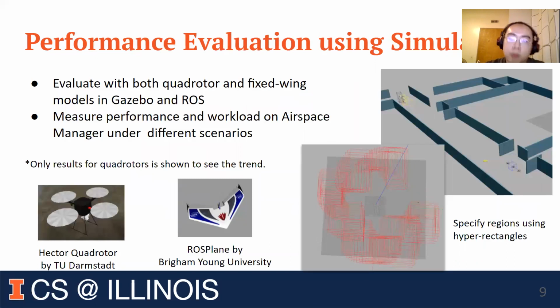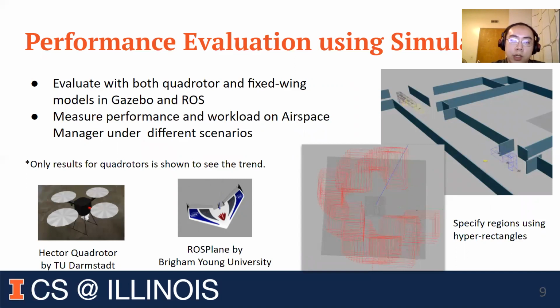To evaluate the performance of the UTM protocol we designed and the operation volume generation strategies, we use ROS and Gazebo-based simulation engines. In our toolkit, we actually include two different kinds. One is the Hector quadrotor, which is a drone model, and the other is the ROS plane model, which is a fixed wing aircraft model.